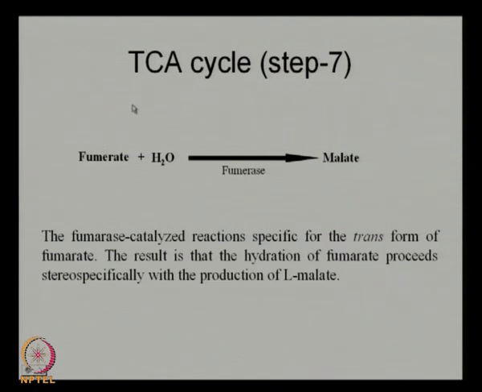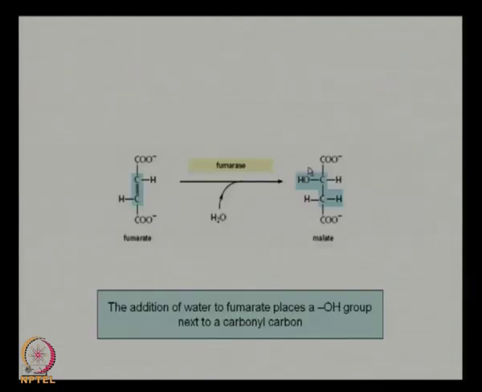Now, in the next step, step 7, fumarate is getting converted to malate in the presence of the enzyme fumarase, and here one molecule of water is needed and it forms the malate.